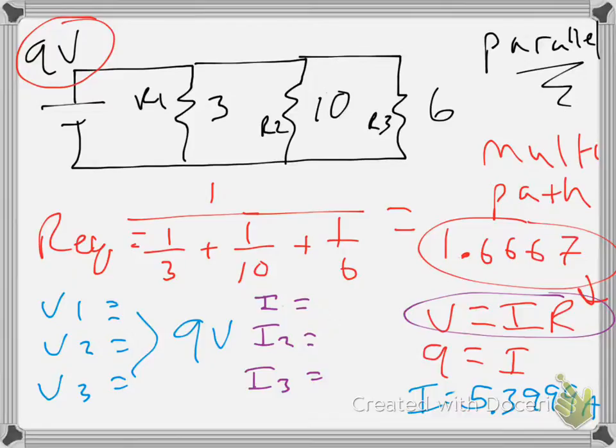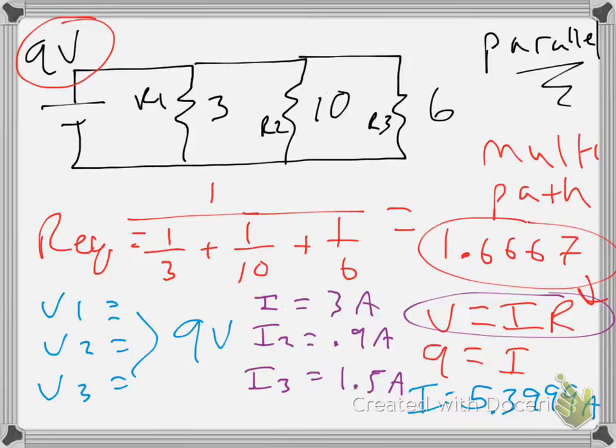So 9 equals I times 3. So 9 divided by 3 gives me 3 amps of current across resistor 1. 9 divided by 10 is 0.9 amps across resistor 2. And 9 divided by 6 is 1.5 amps across resistor 3.